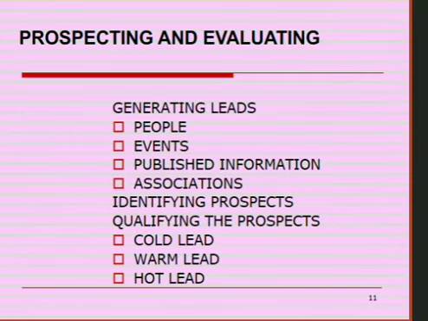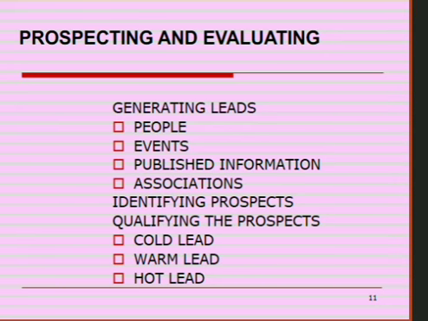The first step is prospecting and evaluating. Prospecting is the process of finding and evaluating potential customers. While prospecting, the salesperson analyzes the customers' immediate need that can be satisfied by the company's product.